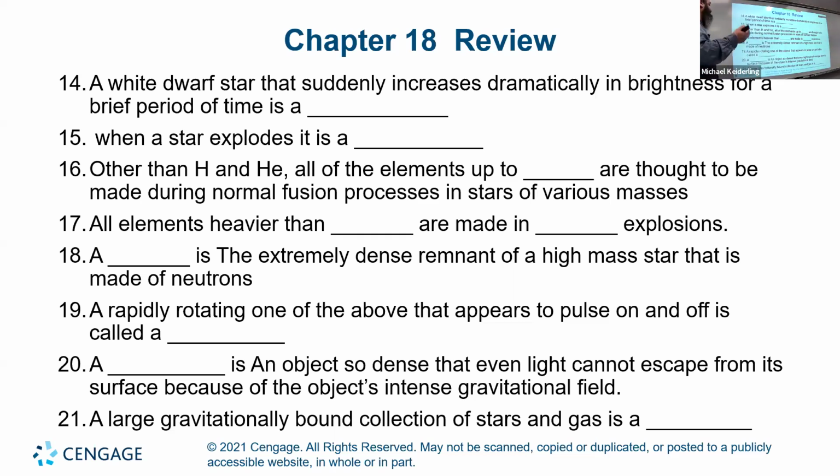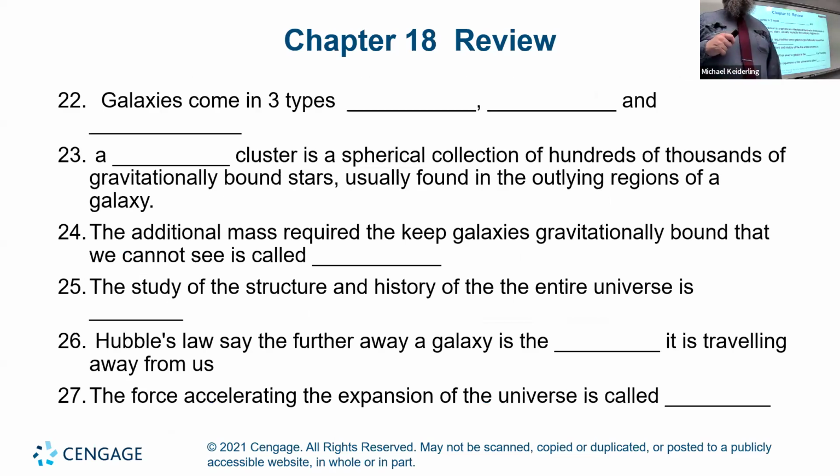A black hole is an object so dense that not even light can escape from its surface because of the object's intense gravitational field. So once gravity is so strong, nothing can escape, it is a black hole. And a large gravitationally bound collection of stars and gas is a galaxy. Galaxies come in three basic types: elliptical, spiral, and irregular.